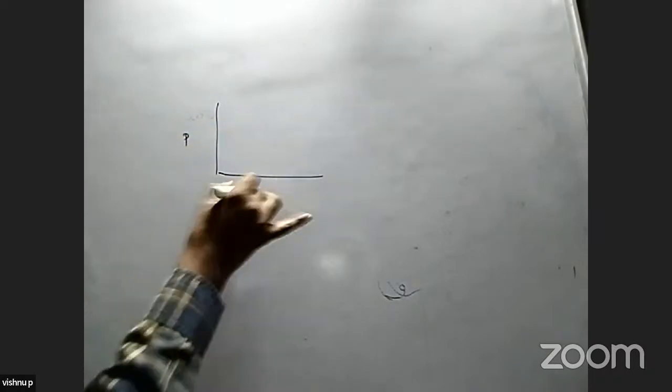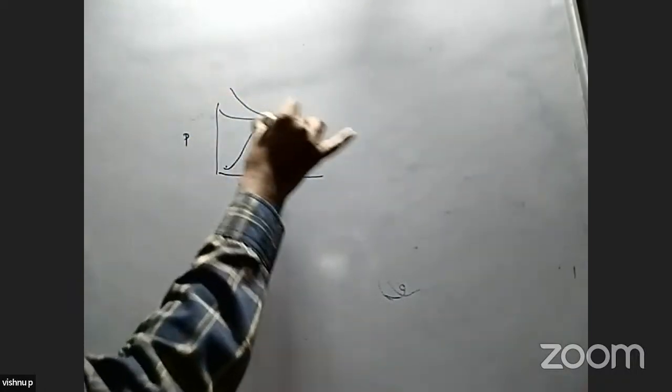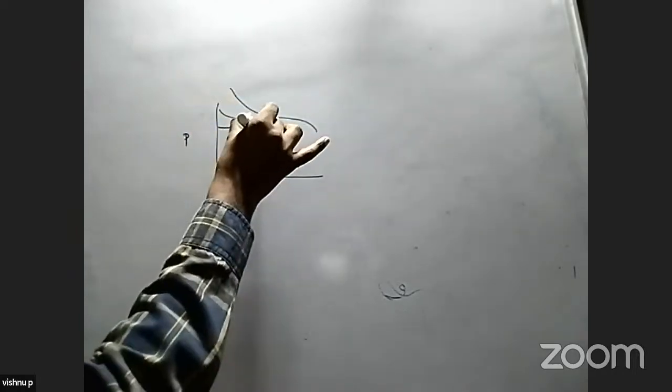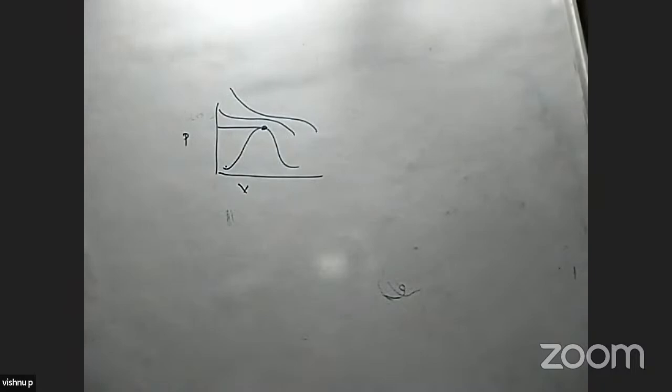When this is applied to carbon dioxide, with pressure and volume we get isotherms. At a particular temperature, particular pressure and particular volume, that CO2 gas is converted into the liquid state.